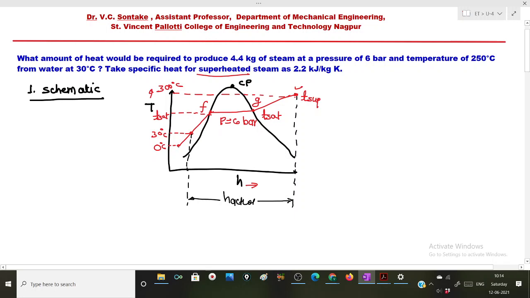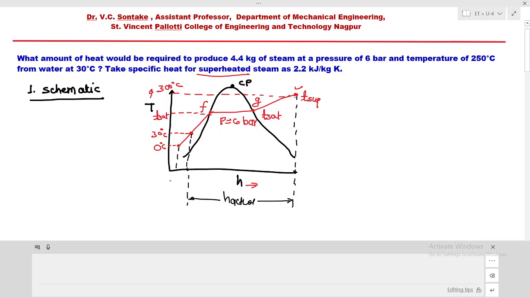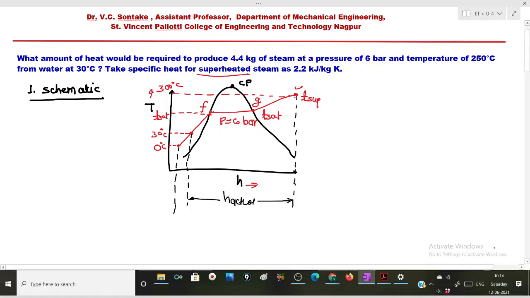Now what will be the heat required to convert 0 degrees Celsius of water into steam at superheated? This heat we have already come across.